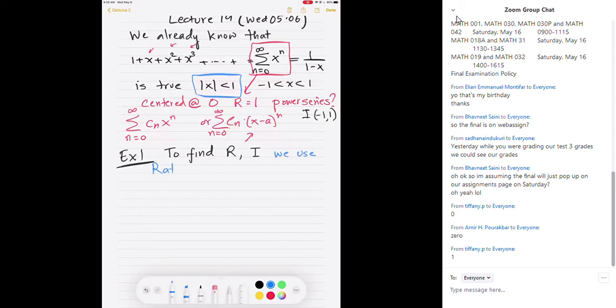So my first example is going to be a series that is not centered at 0, and we are just going to work through it. And so talk to me about this one. This was good. The power series was okay. The ratio test was all right.